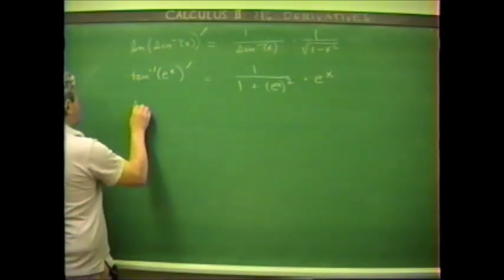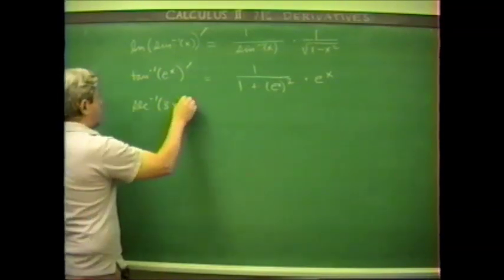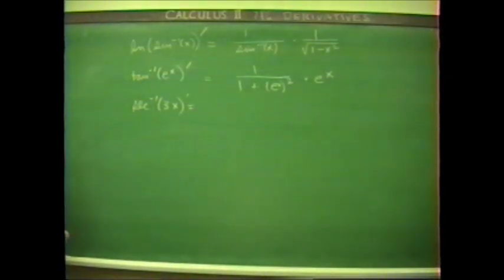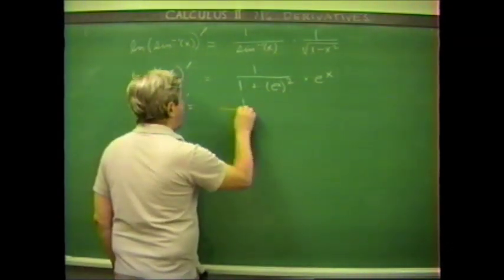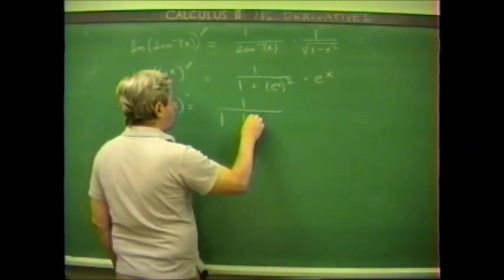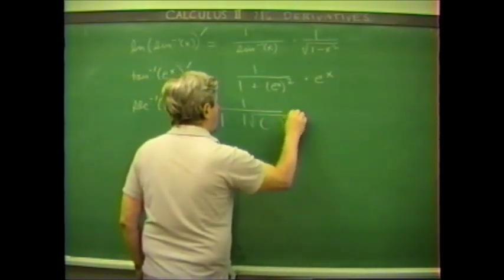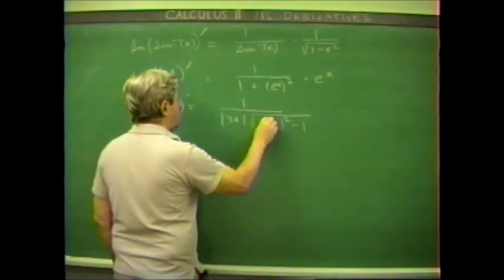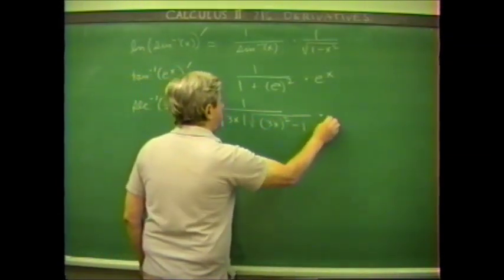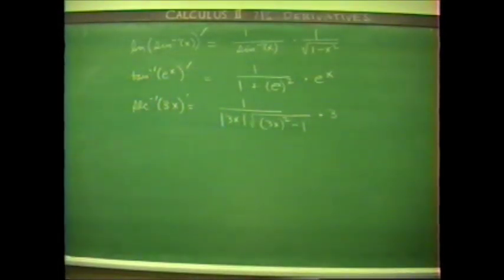Right. Let's try secant inverse of 3x. Suppose we want its derivative. The derivative of the secant inverse is 1 over absolute x square root of x squared minus 1. We want that at 3x, and times the derivative of 3x, which is 3. Right.